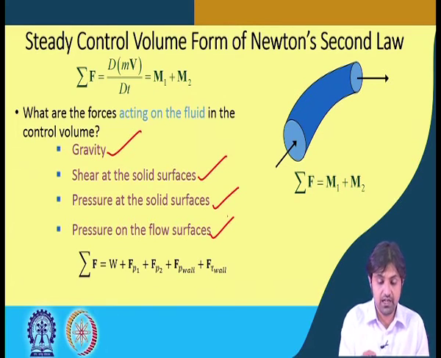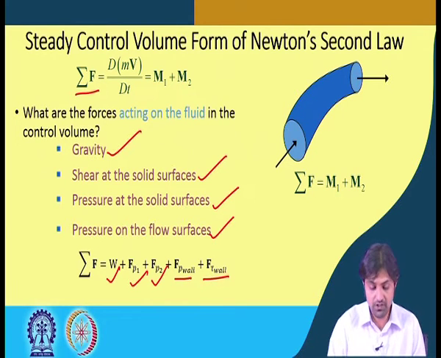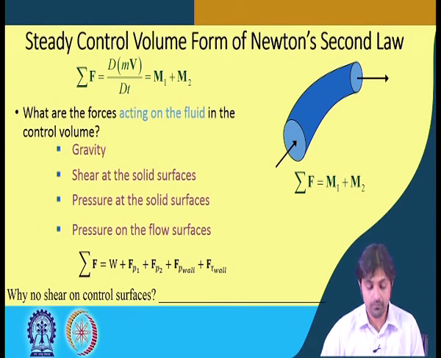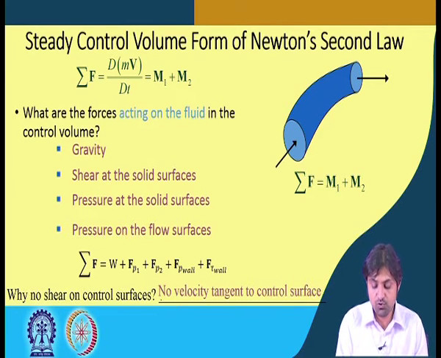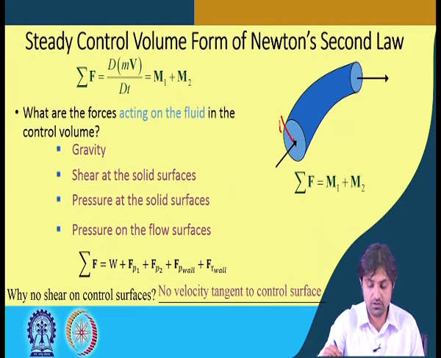So we can write sigma F as weight W due to gravity, pressure forces, and the force due to pressure and shear at the wall. Why is there no shear on the control surface? Because there is no velocity tangent to the control surface.